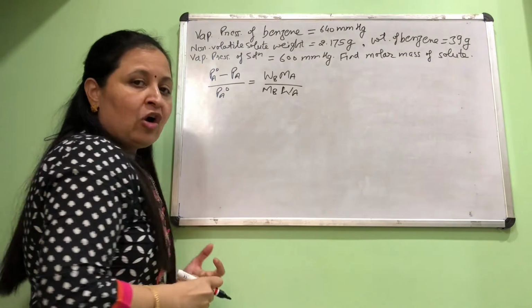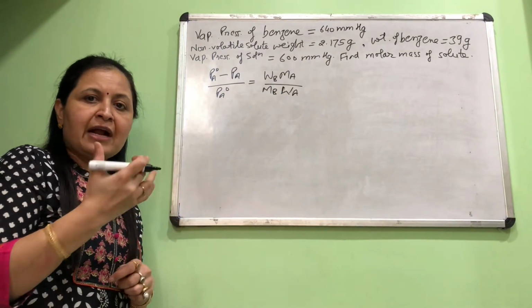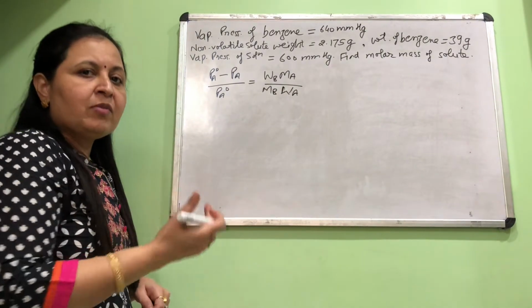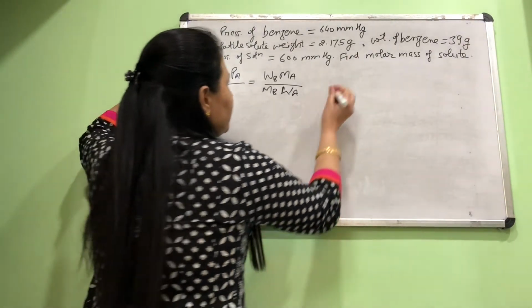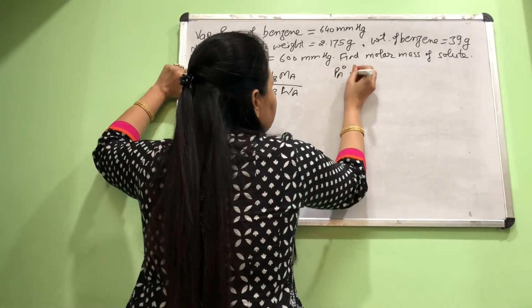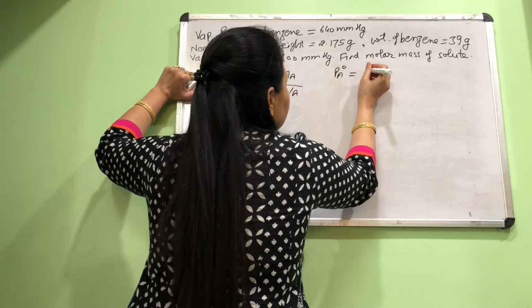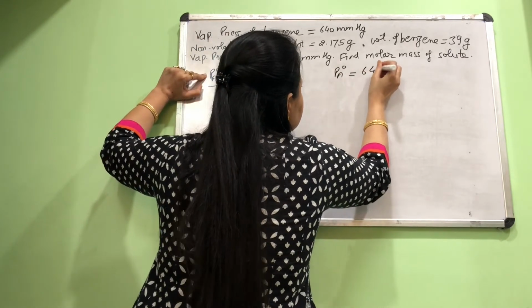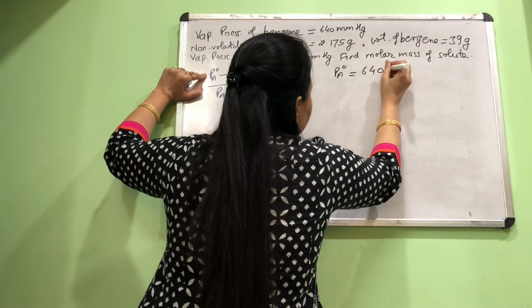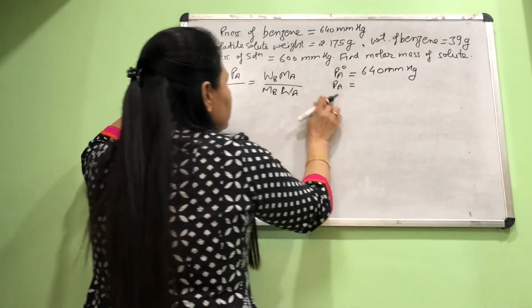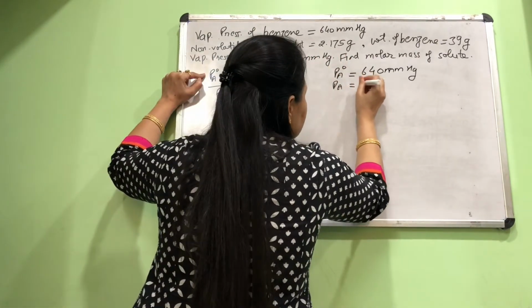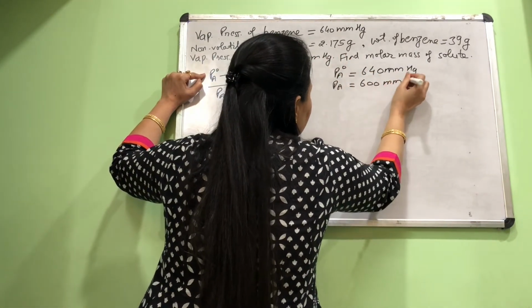First of all, take out the data from the given question in the form of the notations given in the formula. Pa0 stands for the vapor pressure of pure solvent, which in this case is 640 mm Hg. Then Pa is the vapor pressure of the solution, which is 600 mm mercury.